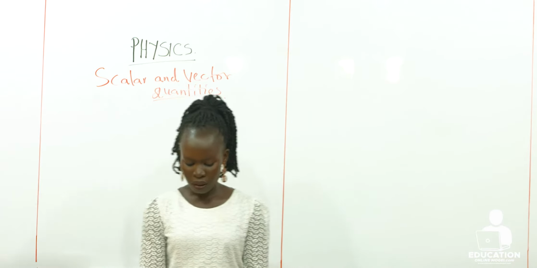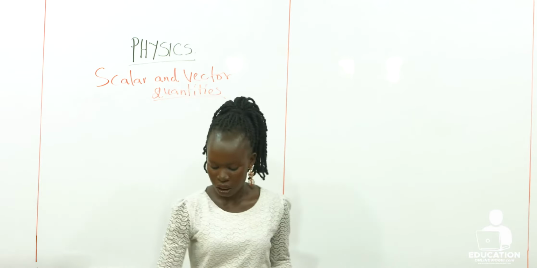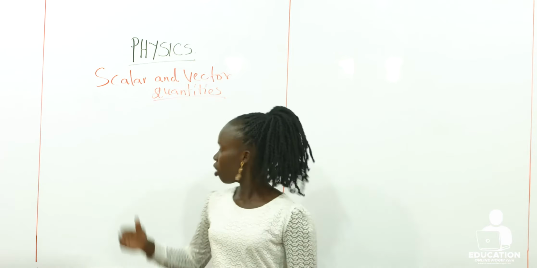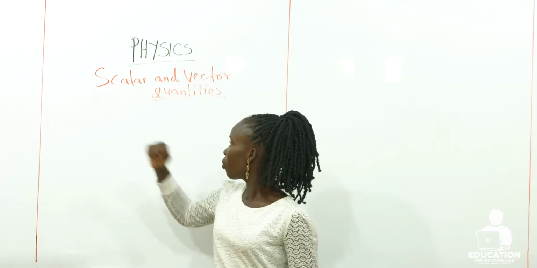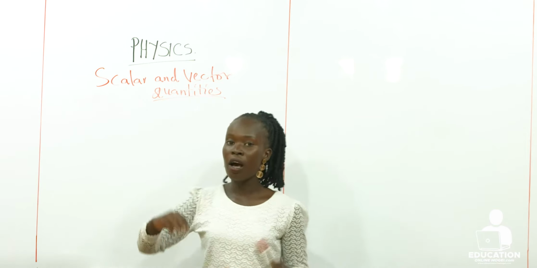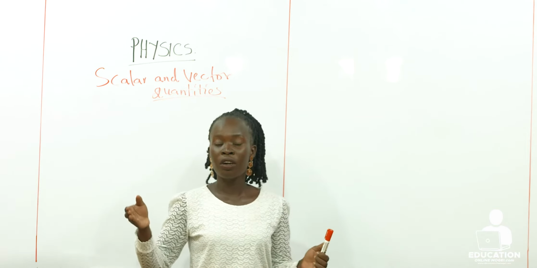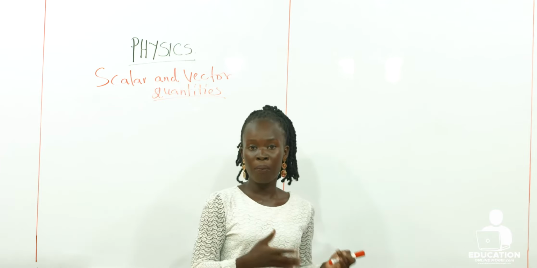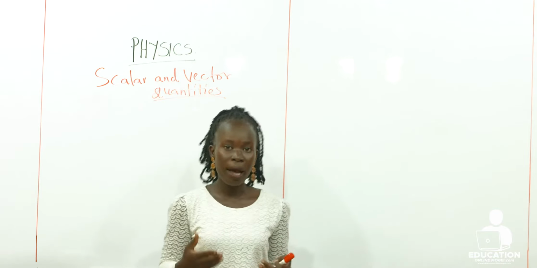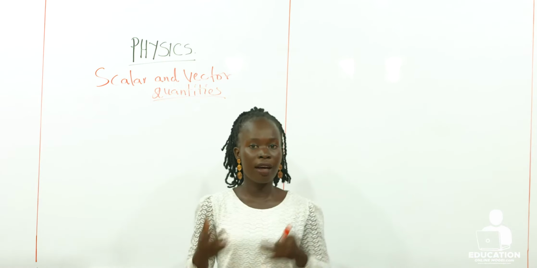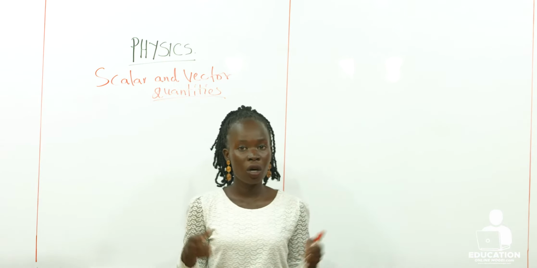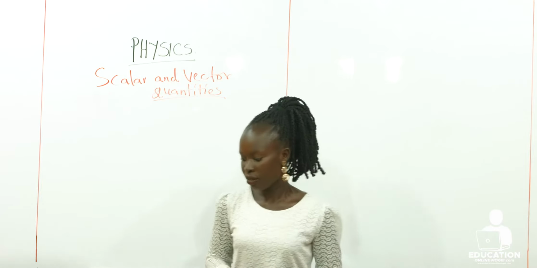If all measurements are categorized into these two things, what could be the definition of each, how do you categorize a specific measurement under that, and why do you think that measurement falls under scalar quantity or vector quantity? Let's take a look at this.